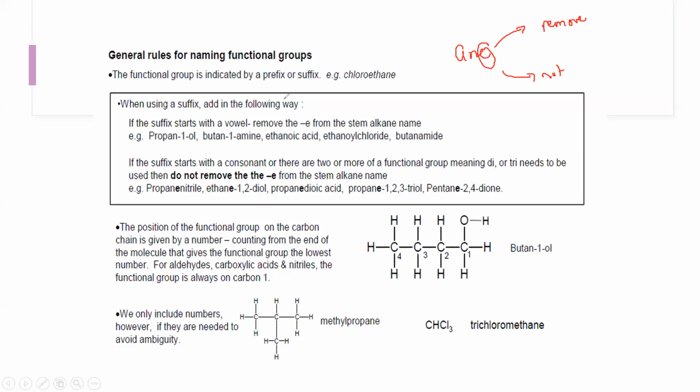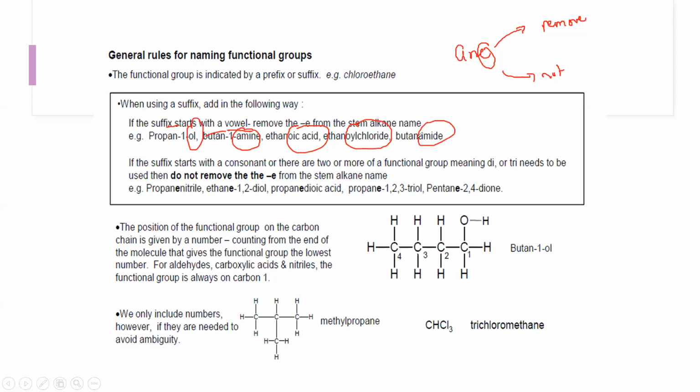When a suffix is added, if the suffix starts with a vowel, we remove the E from the stem of the alkane, alkene or alkyne, like propanol, or propan-1-ol. So when the functional group suffix starts with a vowel, we have to remove the E: amine, oic acid, oyl chloride, amide.